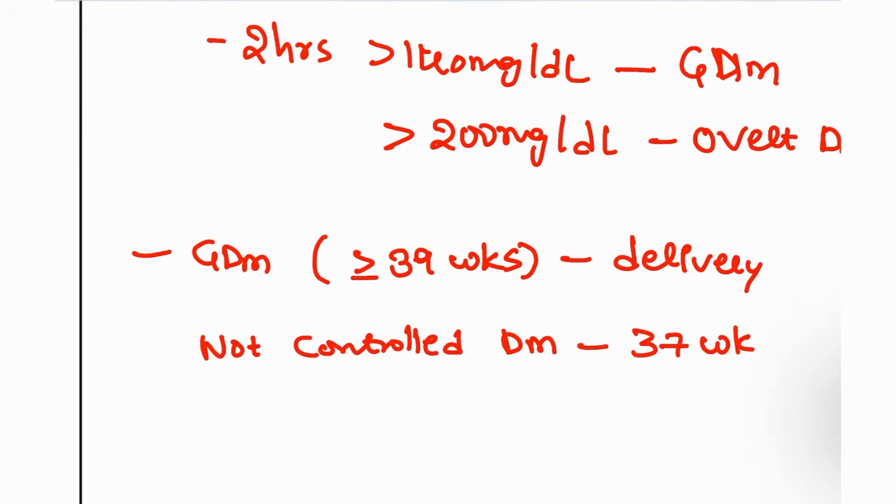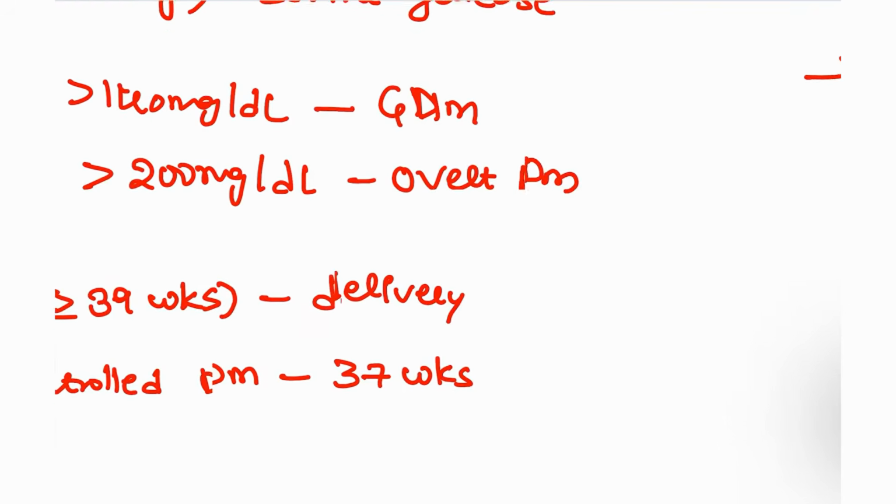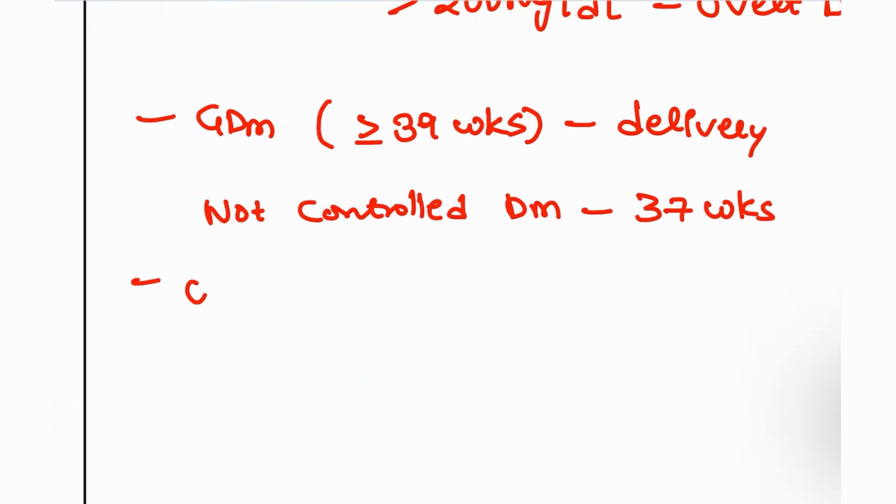Next, the overt diabetes mellitus patient: in the same way, we can go for delivery at 37 weeks, because by 37 weeks lung maturity will be seen. That's why delivery at or around 37 weeks should be done for this patient.